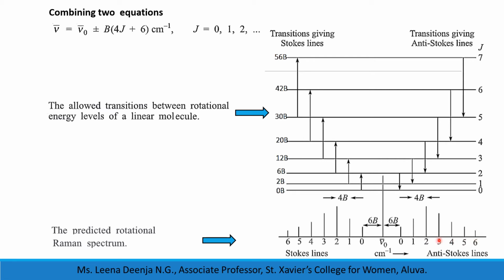So the difference between any two Raman lines, the energy change is 4B. And the separation between the Rayleigh line and the first anti-Stokes or first Stokes line will be 6B.